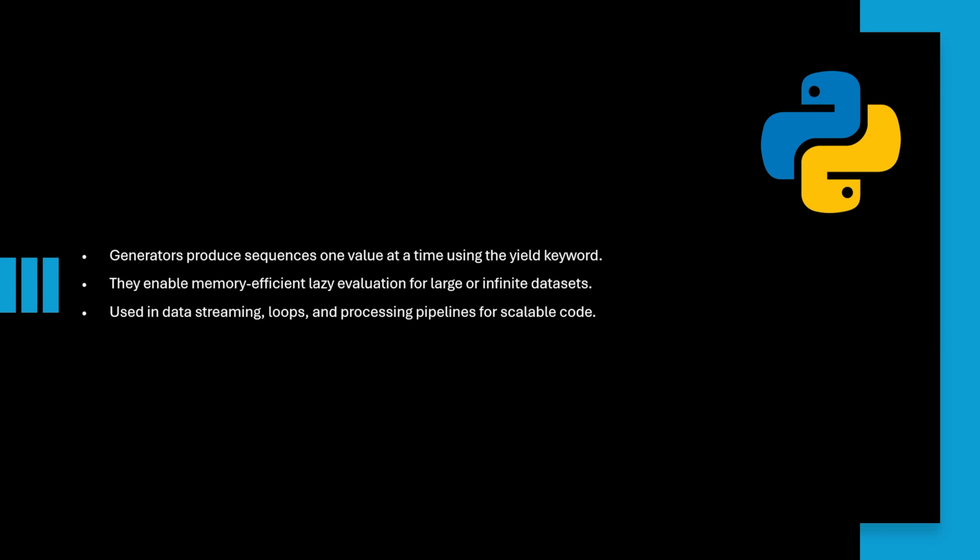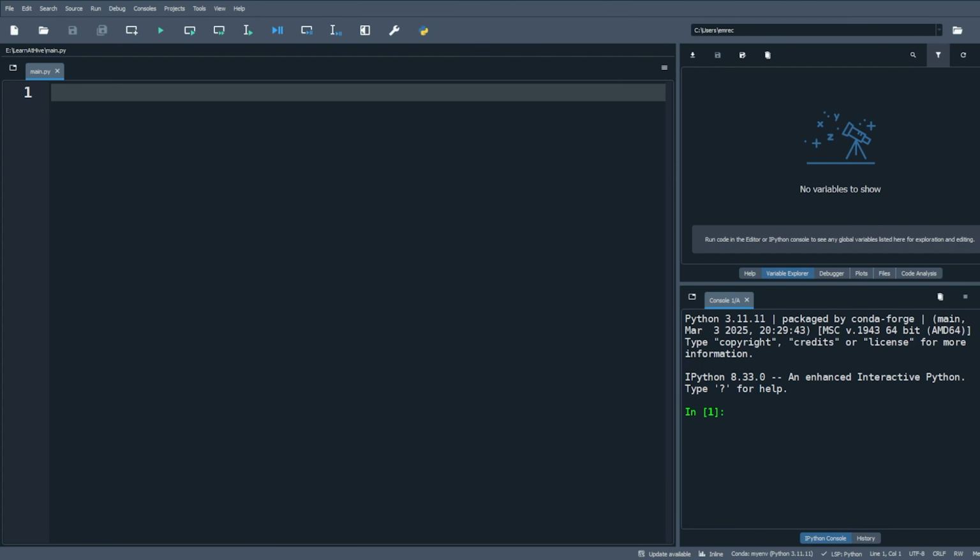They are used in data streaming loops and processing pipelines for scalable code, empowering you to write lean, high performance Python code. To understand generators, let's create a generator function that yields even numbers up to a given limit. This is a great way to see the yield keyword in action. Define even numbers.